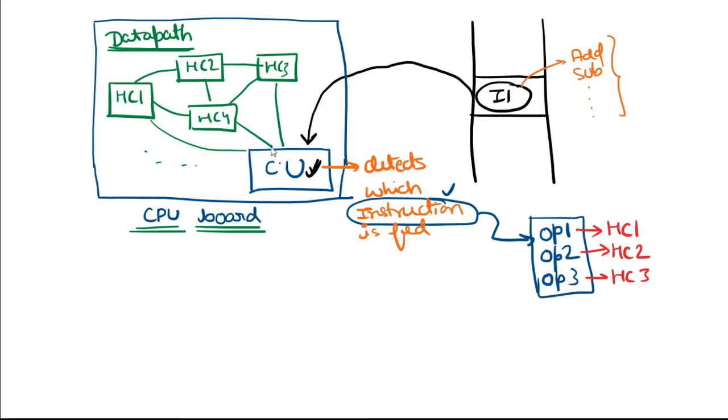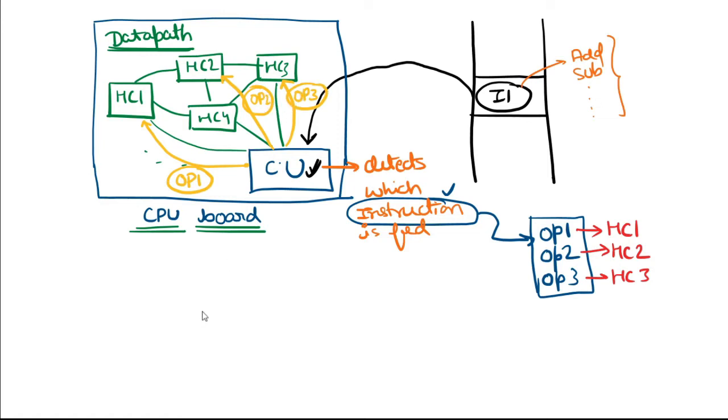So the control unit sends hardware component 1 a signal that says please do operation 1, hardware component 2 a signal to do operation 2, and hardware component 3 a signal to do operation 3.